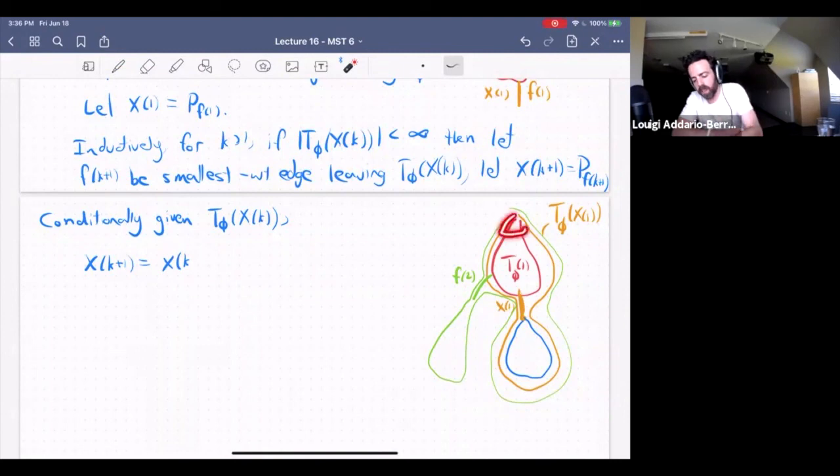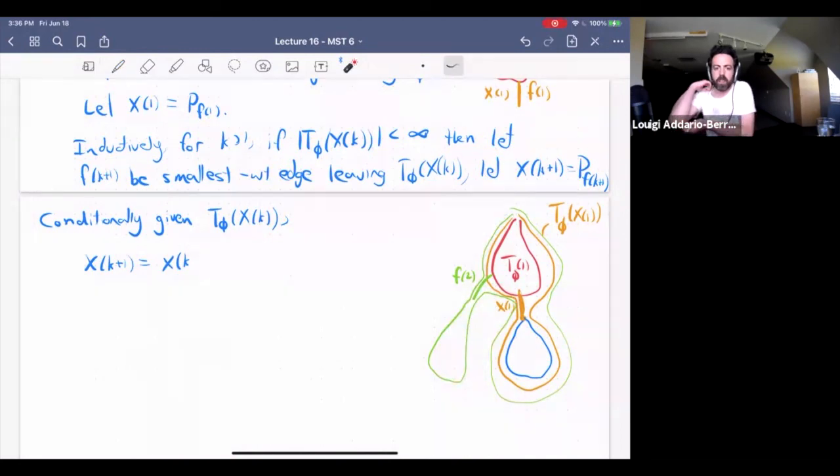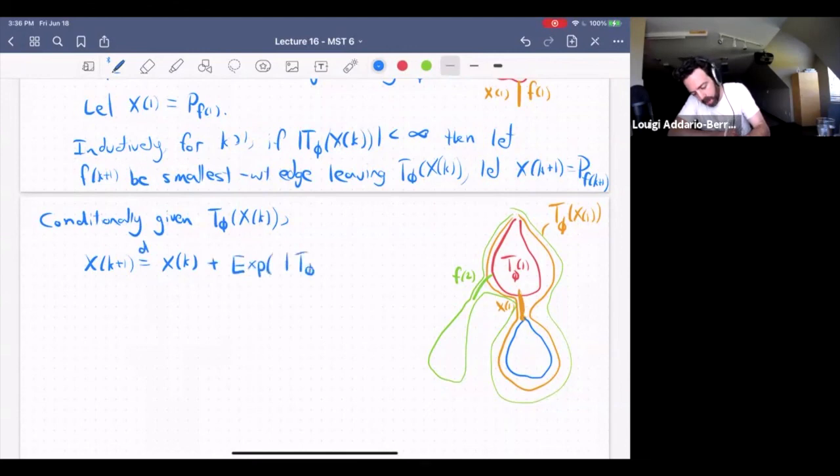So for a given node, the first weight bigger than x_k will just be x_k plus an exponential, but we get to take the minimum of all those exponentials over all the nodes in the tree. Okay, so the minimum of a bunch of exponentials is another exponential with a higher rate, and so x_{k+1} is distributed as x_k plus an exponential with rate the size of the tree we've grown so far.